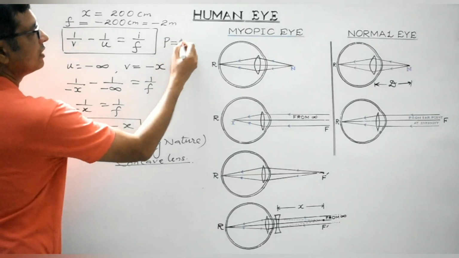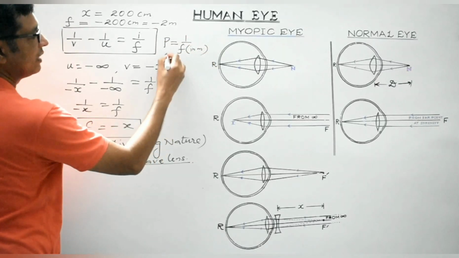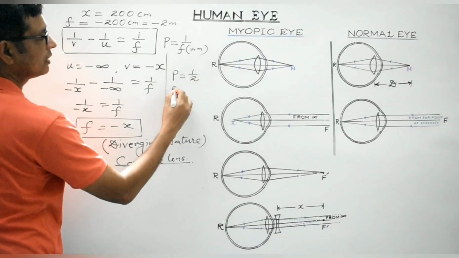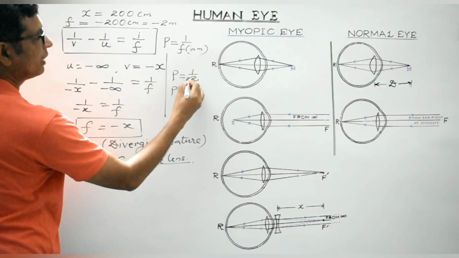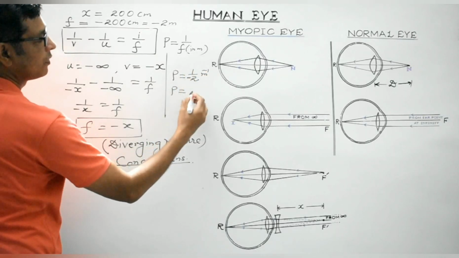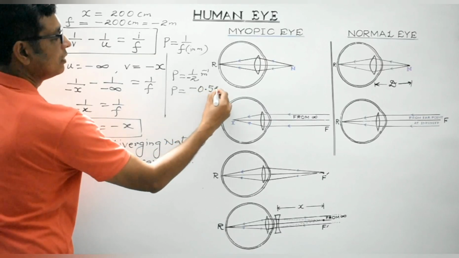So what will be the power of the lens I am using? Power, as you are aware, is the reciprocal of focal length in meters. So what I get is power would be equal to 1 by 2. That is, focal length is negative, so minus 2 per meter. So what I get is minus 0.5 diopter.